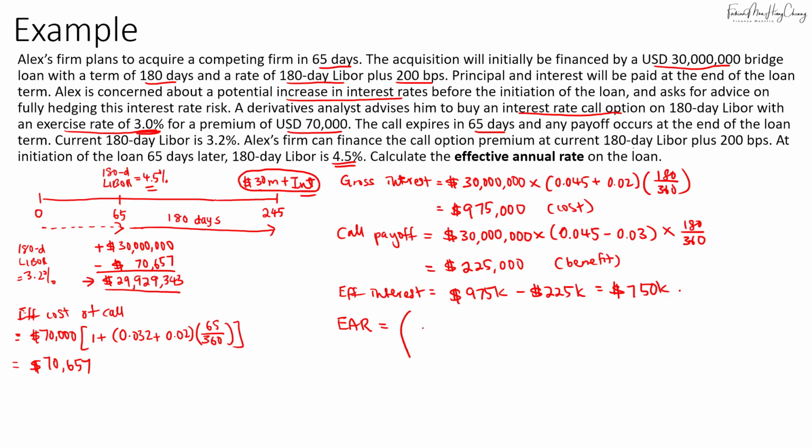So we'll take the FV, which is 30 million plus the interest of 750,000, and then we divide by the effective loan proceeds, that's 29,929,343, and then we compound this. We raise this to the power of 365 days over 180 days for the loan term, minus 1. That gives us 5.638% per annum.